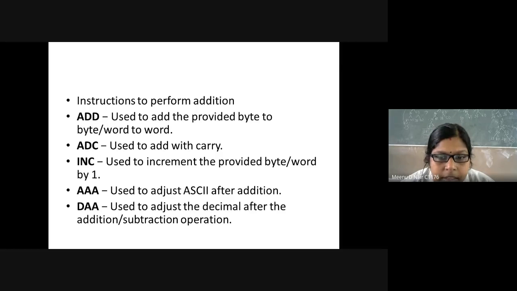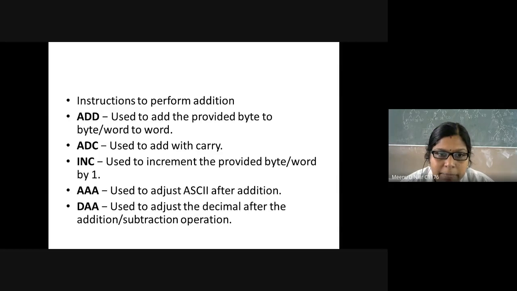The instructions used for addition are ADD, ADC, INC, AAA, DAA. ADD adds the two provided operands. It can be 8-bit to 8-bit or 16-bit to 16-bit. So you are categorizing 8-bit addition as well as 16-bit addition.